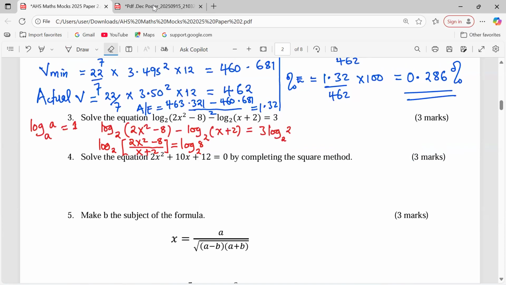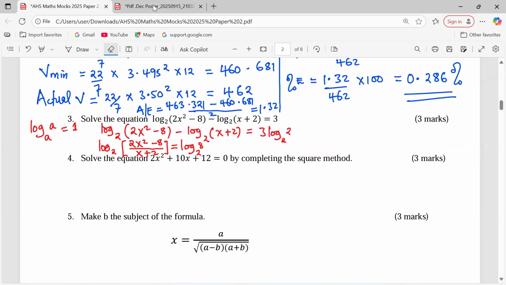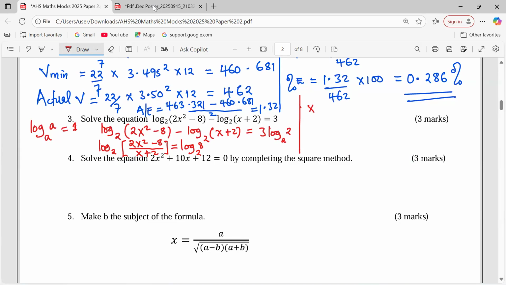At that point, we can drop the logarithms, then we take the right hand side to the left hand side. In this way, 2x squared minus 8 over x plus 2 equals 8.